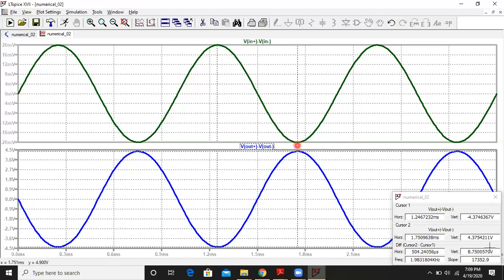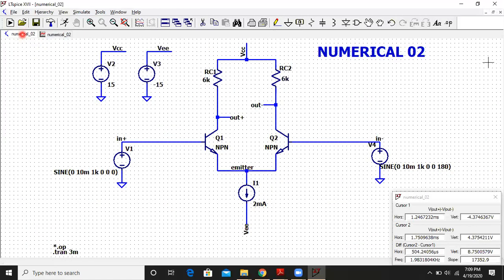So here the value came out to be 8.75, and the input is around 40 millivolt. If you work it out, 8.75 divided by 40 millivolt comes out to be 218.75.